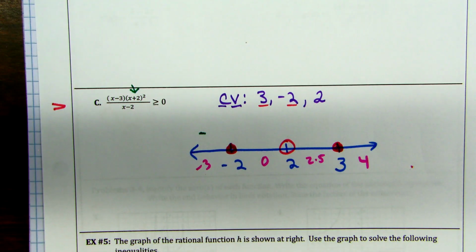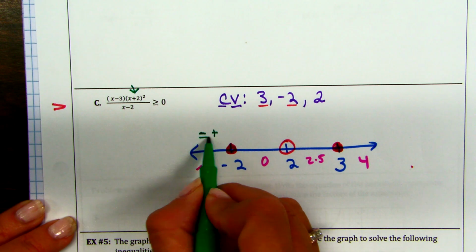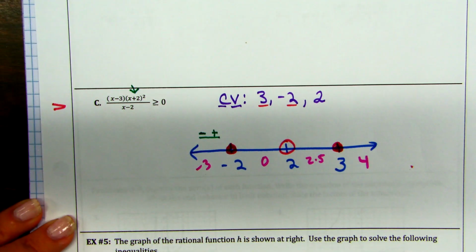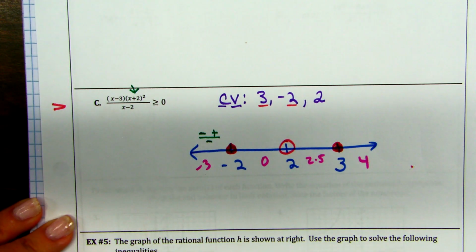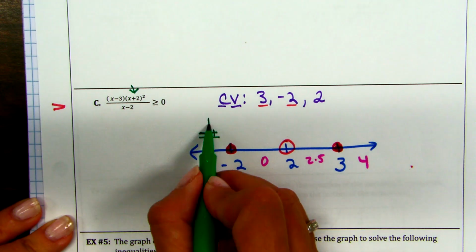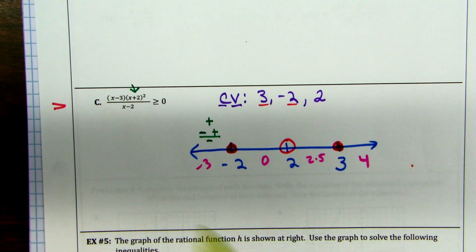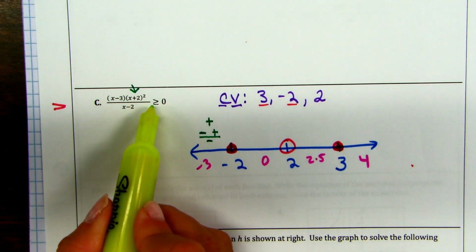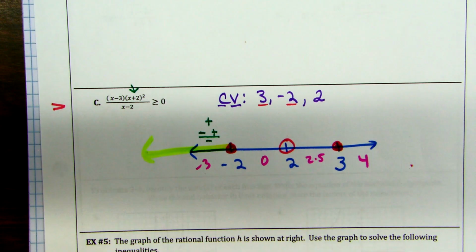If I square a negative number, I get a positive answer. So don't even waste time on that one. It's always going to be positive. And then a -3 in the denominator, that's negative. So a negative times a positive is negative. Negative divided by a negative, positive. Is that part of my solution? Yes. Greater than or equal to 0 is positive numbers. Okay?